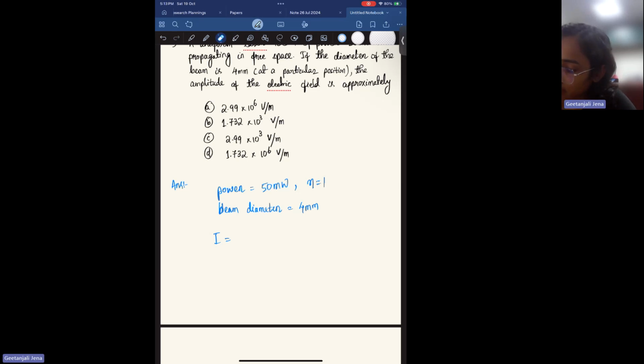So intensity is given by n divided by 2c mu 0 E0 square.